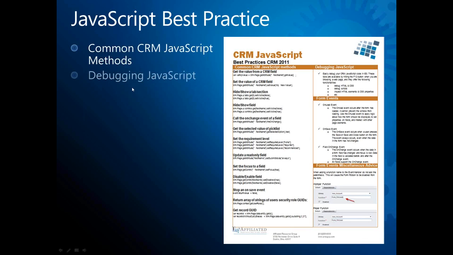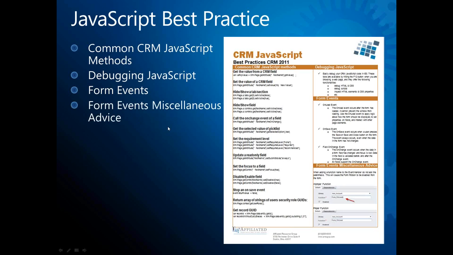So again, the common methods, the debugging, the form events, and the form event miscellaneous advice. There's also something we need to talk about. This is brand new. It came out with a new rollout in 10. Microsoft recently patched their online clients to 10, most of them. If you've also done your on-premise to 10, there is a bug in the JavaScript editing. If you are working with JavaScript files and you cut and paste that information into it, it will prompt you with a warning that says you've exceeded your 2,000 character limit.